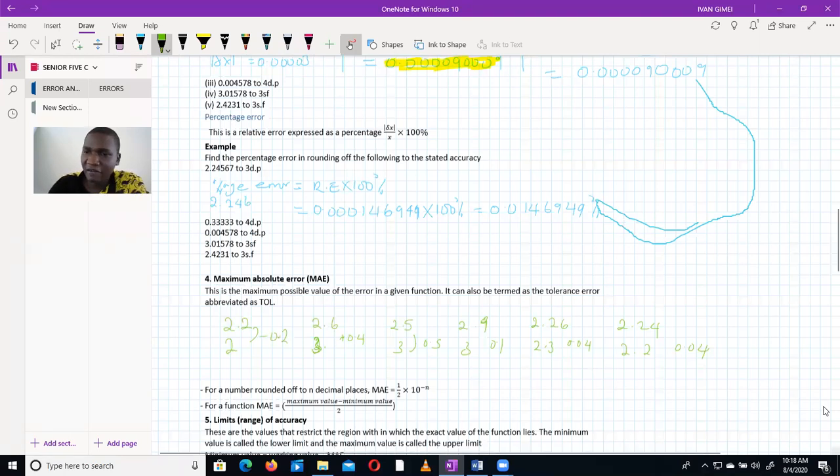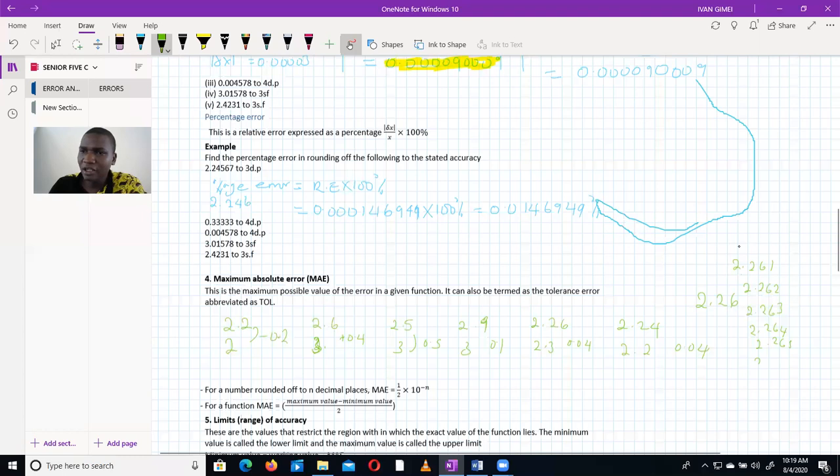For instance, if I can just look at a value. If I see 2.26 and they say this value is rounded off, then either this value was 2.261 and they rounded off to that, or it was 2.262, or 2.263 or 2.264 or 2.265 or something like that.